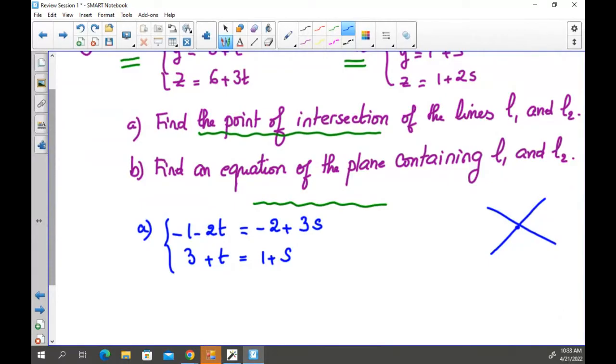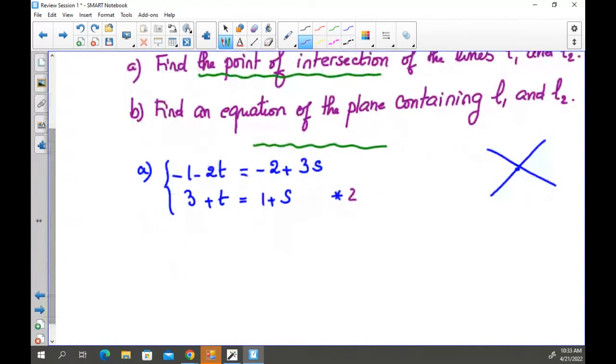All right, so let's solve these two equations. I can multiply the second equation by 2. Why not? We can do that. Multiply it by 2 and then add, that will be fine. Thanks, Saliha. So we have this minus 2 plus 3s and multiply by 2.